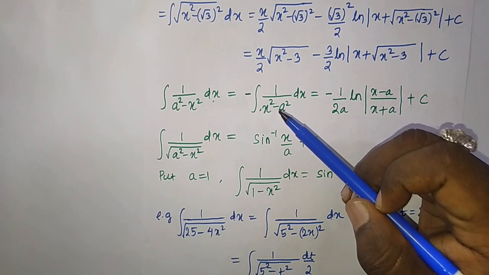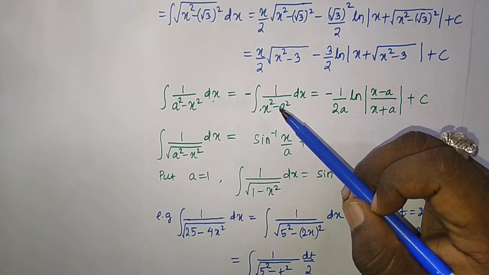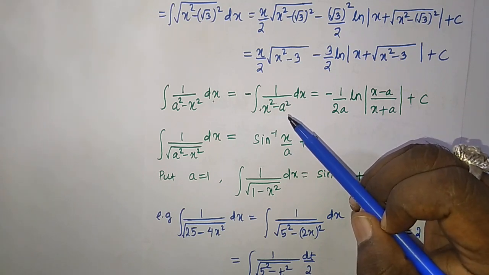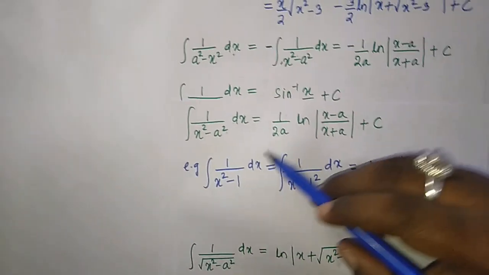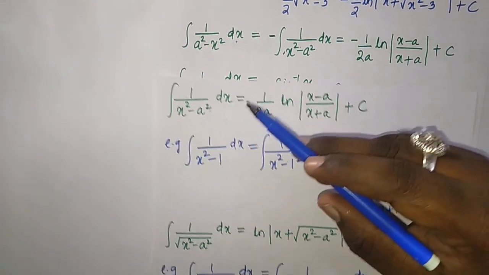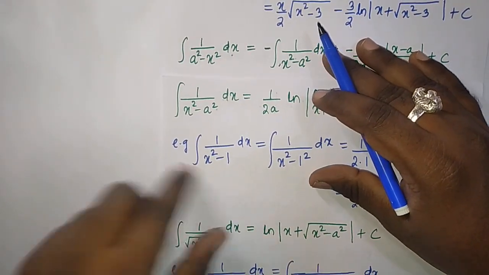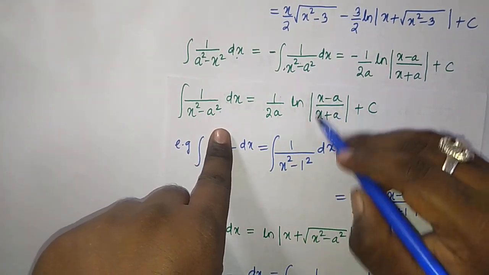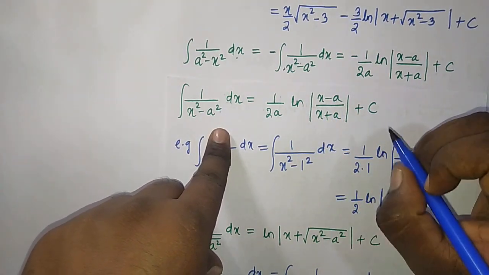We know the formula for this term. Recently we have studied that the integration of 1 by x square minus a square is equal to 1 by 2a into ln modulus of x minus a divided by x plus a plus c.